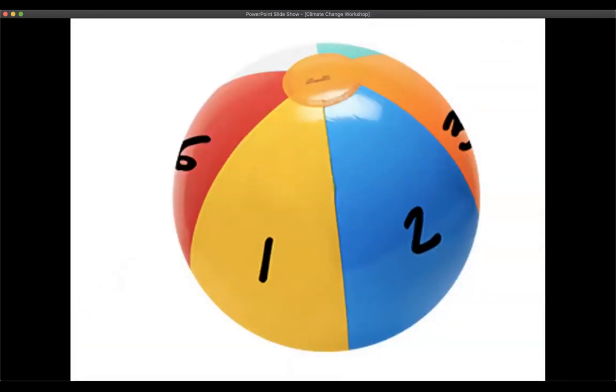This is an activity that you can do. This one is in the carbon hoofprints lesson, but it's a really general idea that you can use in your classroom to talk about any topic that has multiple perspectives. In the carbon hoofprints lesson, we're talking about cattle in the environment. You can take a beach ball and put numbers on it, like you see in this picture. Stand in the middle of your room and ask students in varying corners which numbers they see without turning the ball.